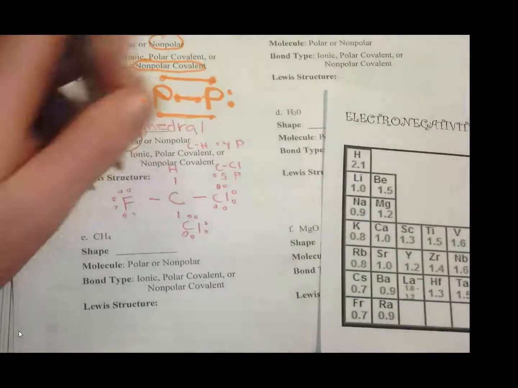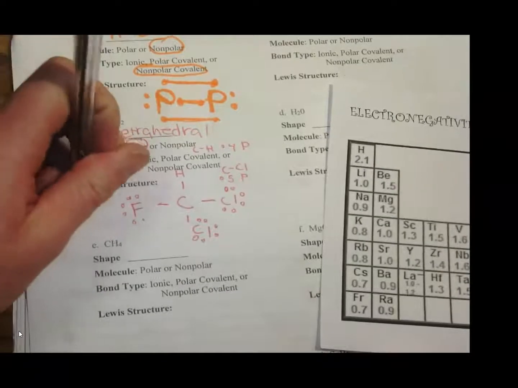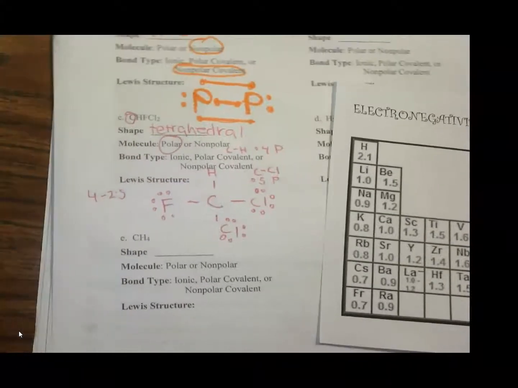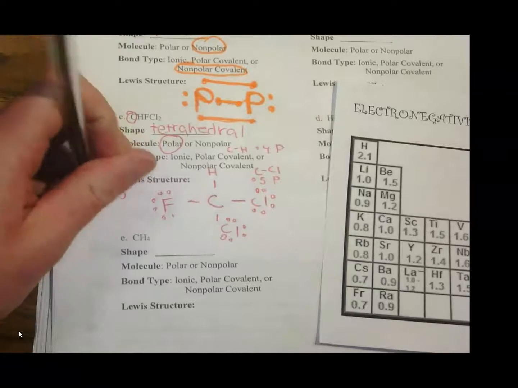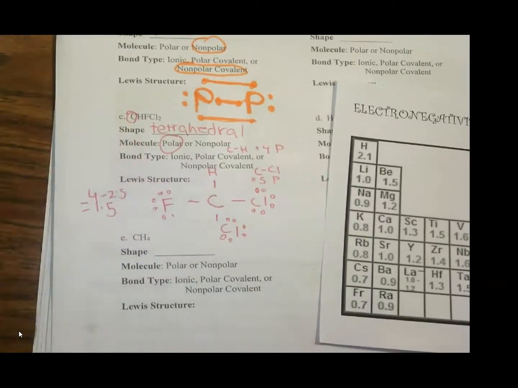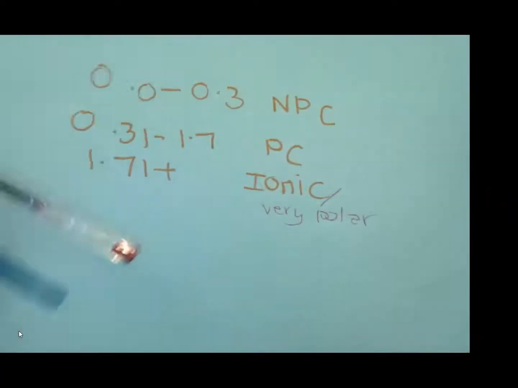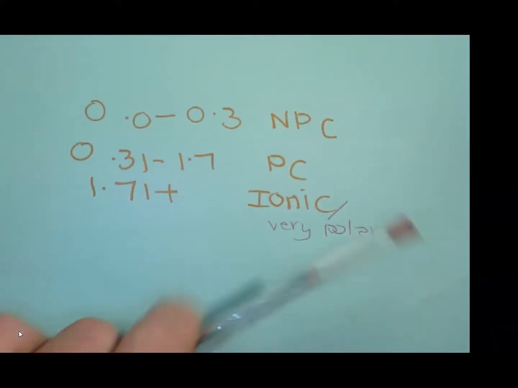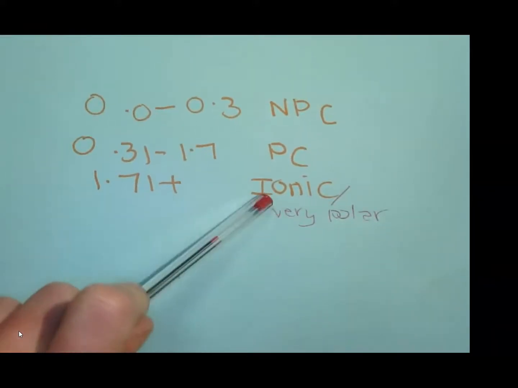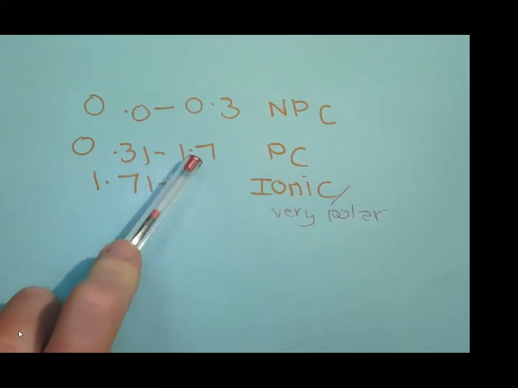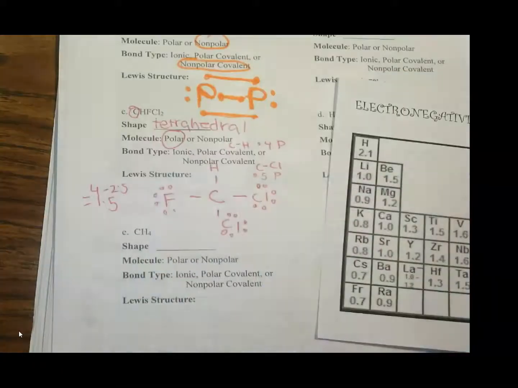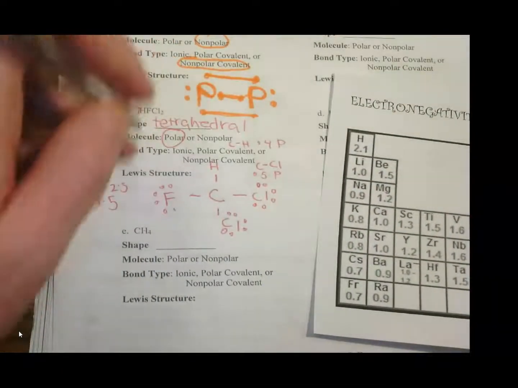So our difference is 1.5. So that is a much stronger polar covalent, but it's not considered extremely polar or ionic. It's just on the upper end of polar covalent. So each individual bond is also polar.